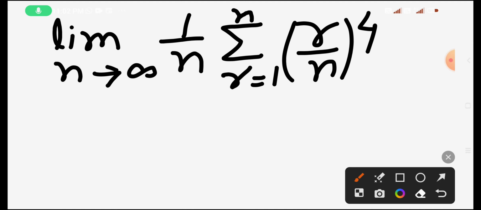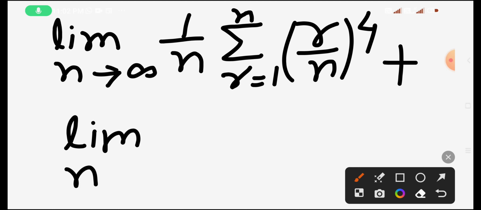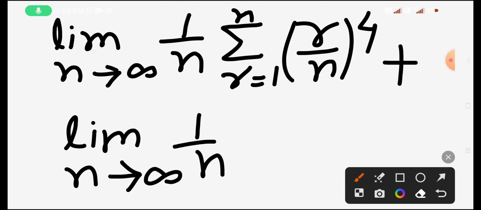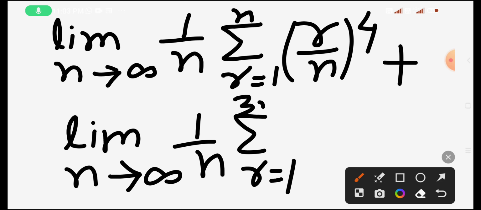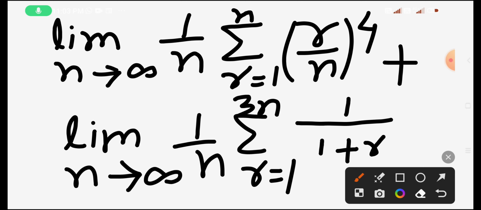As I said, there are two parts, so for the second part I will type one more compact form. The limit is the same for both parts, and here 1 by n, this time summation from r equals 1 to 3n, and here it will be 1 by root of (1 plus r by n).